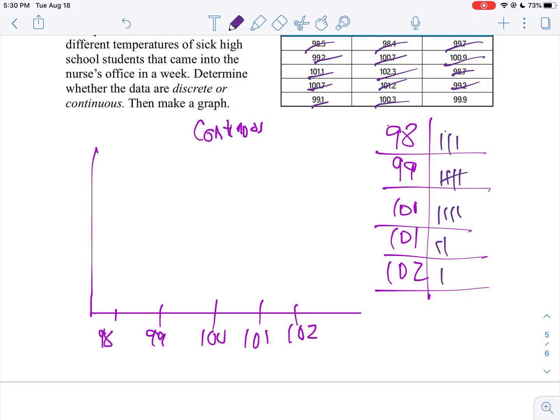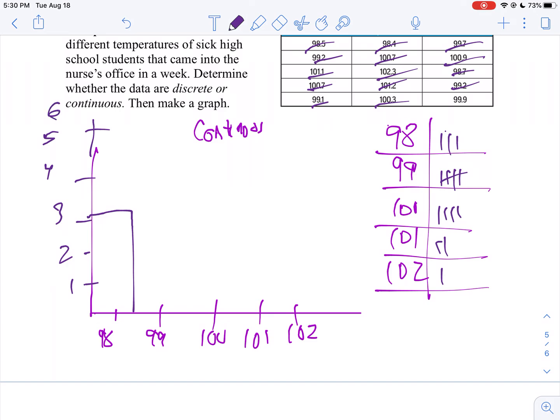So our biggest tally is 5. So we'll put our frequency up here. 1, 2, 3, 4, and 5. Remember, we're making a histogram, so they have to be connected. So 98, there's 3 of them. 99, there are 5.